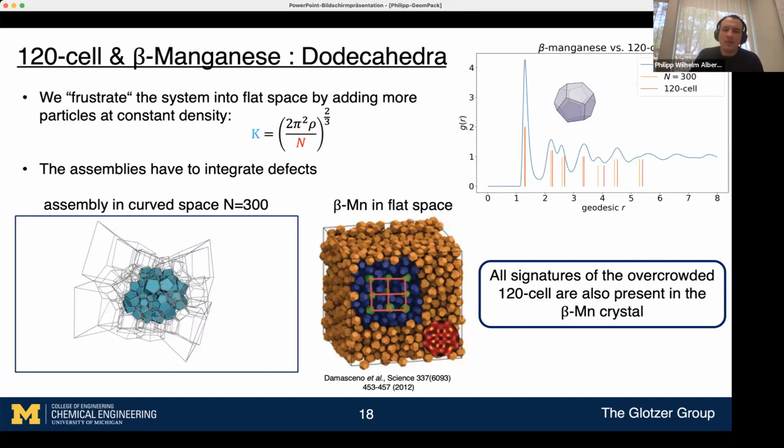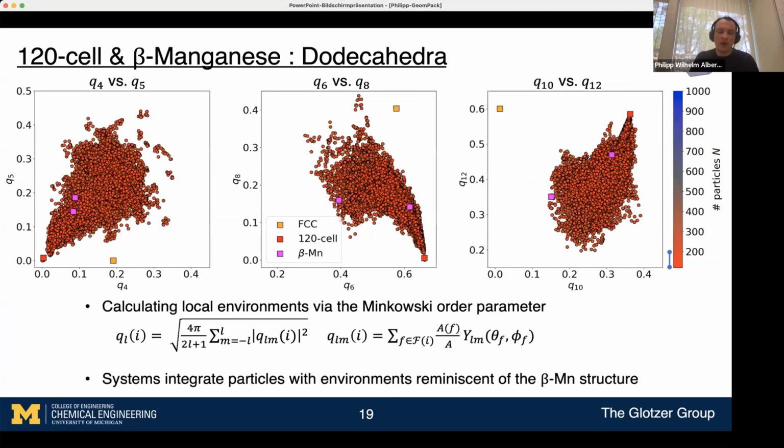To look in a little more detail at the defects and the local environments of each particle, we tried to quantify the local environments in these crystals by using the Minkowski weighted Steinhardt order parameter, which is, like I said, a measure of the order of a particle in relation to its nearest neighbors.